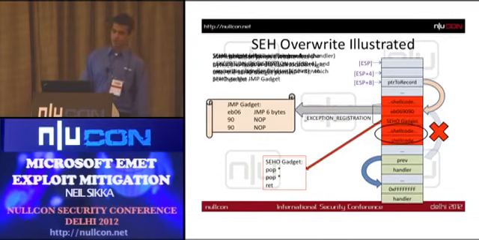Okay, but what happened? So this is an illustration of how this exploit works. So the first thing that happens is that there is a stack-based buffer overflow, for example, and we crush through our exception registration record, as you can see here, and we overwrite the previous attribute with EB069090, and then we overwrite the handler attribute with the address of what I'm calling an SEH overwrite gadget.